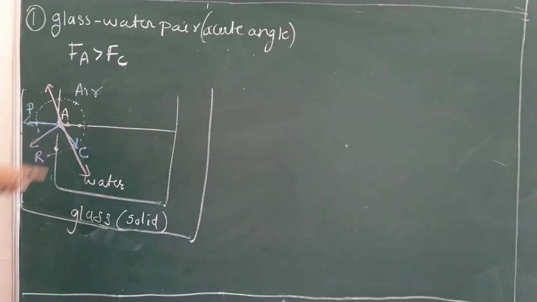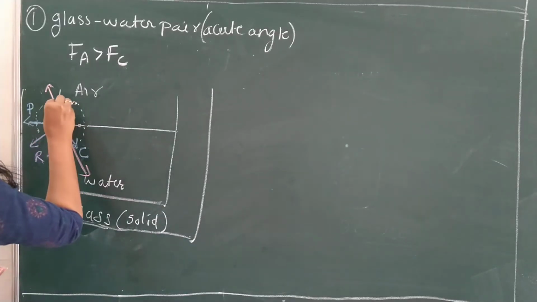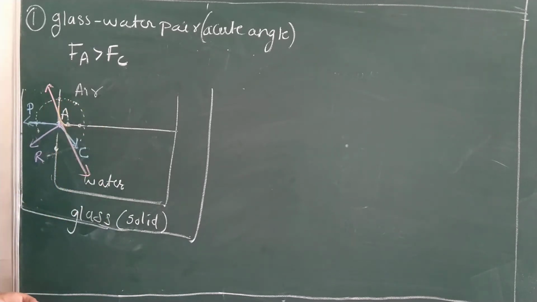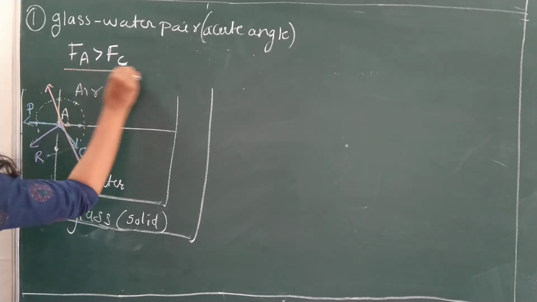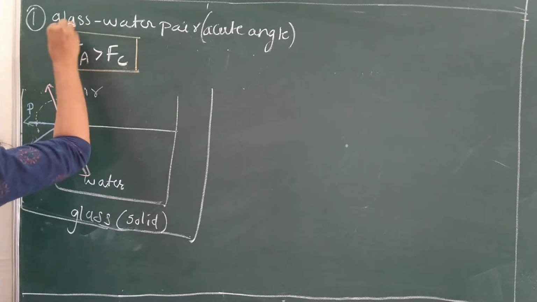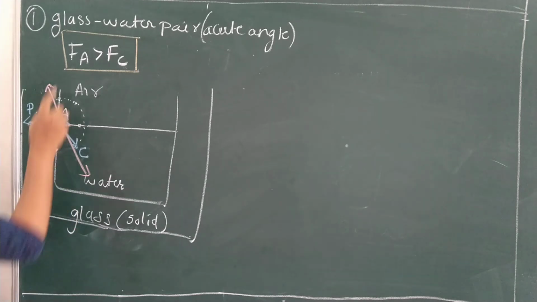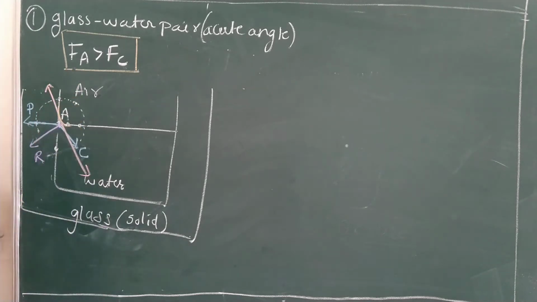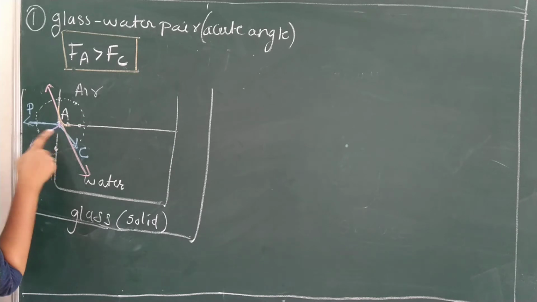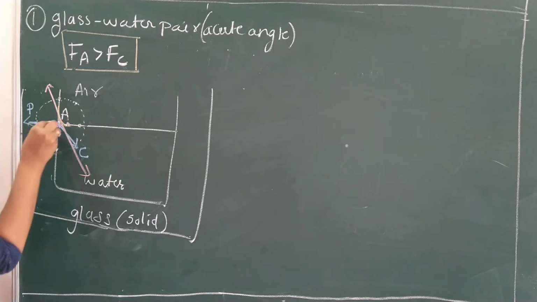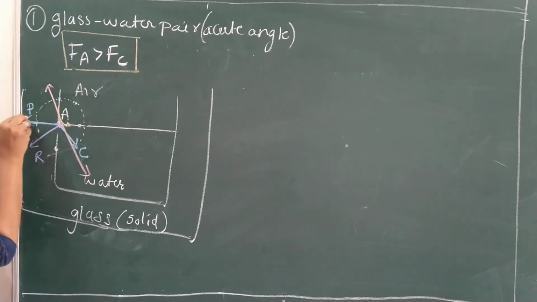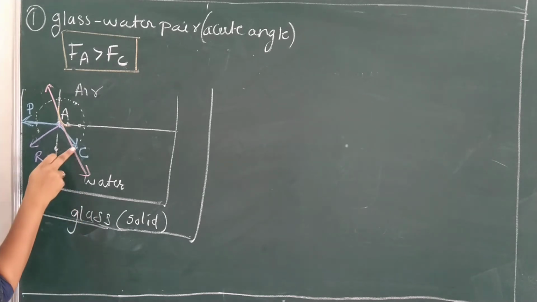So have you got the reason why this meniscus takes a concave surface? The main reason is that your adhesive force is greater than cohesive force. And this is how the components are acting. Any force which is greater should be shown with a higher length of component. So this component length should be larger than the cohesive force.